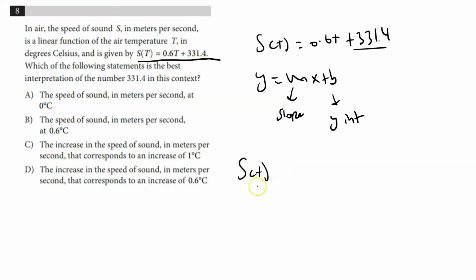That means s of 0 equals 0 plus 331.4. And that fits our description of 331.4 being both a y-intercept at the point (0, 331.4) and an initial value. So A is correct.